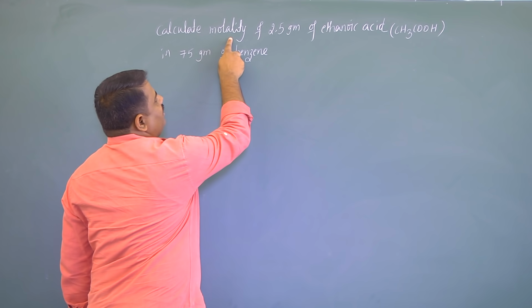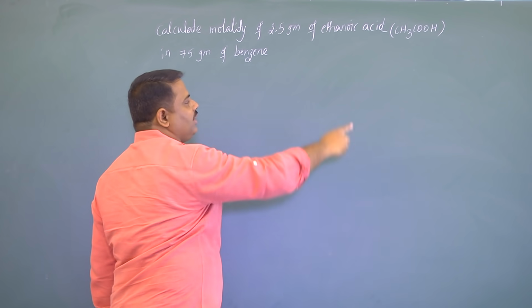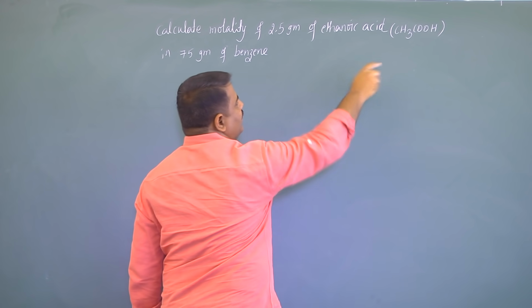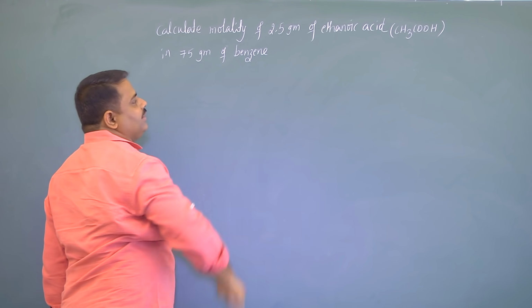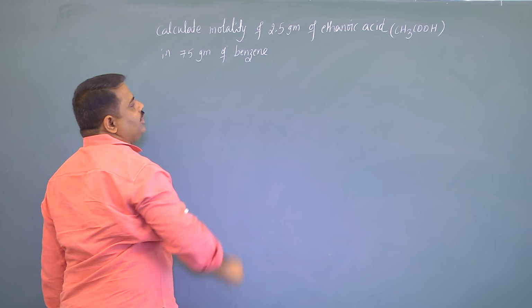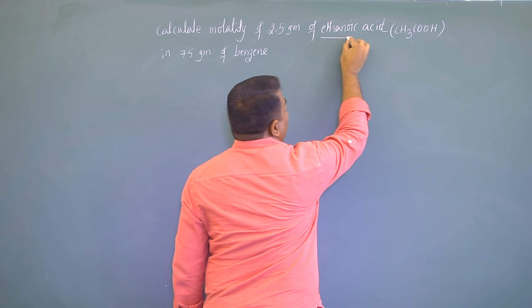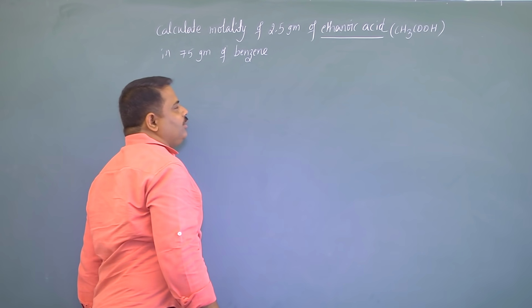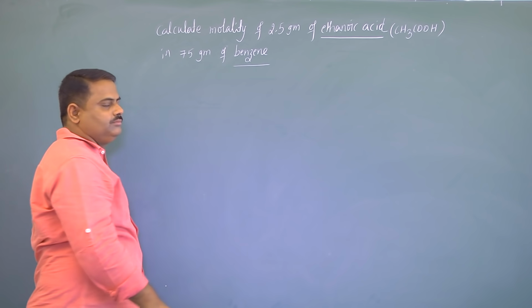And the next problem is: calculate the molality of 2.5 grams of ethanoic acid, formula CH3COOH, in 75 grams of benzene. Here you have to calculate the molality of the solution. First you have to identify ethanoic acid as the solute and benzene as the solvent.